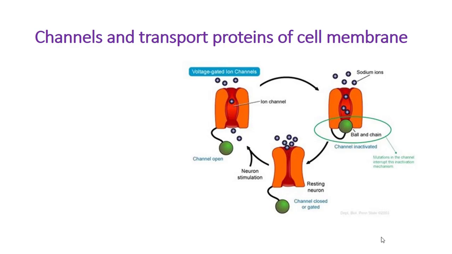After that we will see how the molecules are transported through these protein channels, which are made up of integral proteins embedded within the cell membrane. And these channels are further divided into voltage gated channels and ligand gated channels. There are different types of channels.